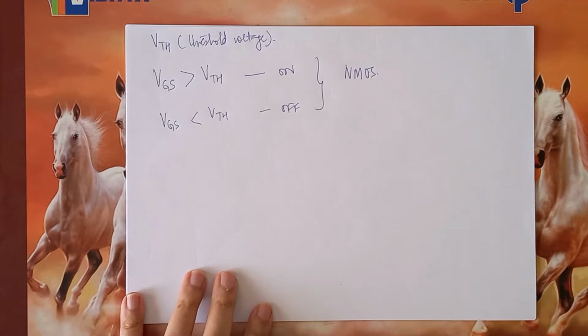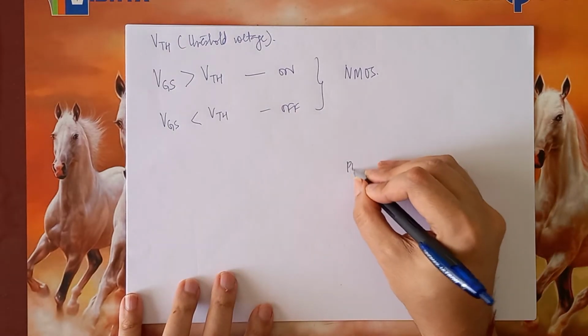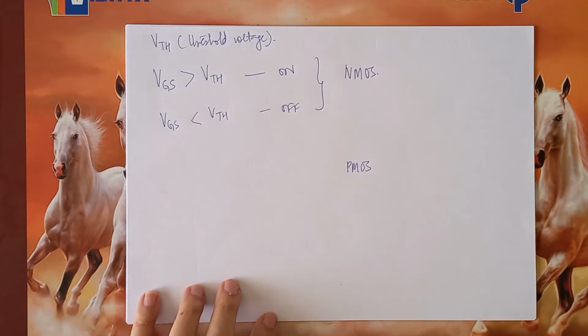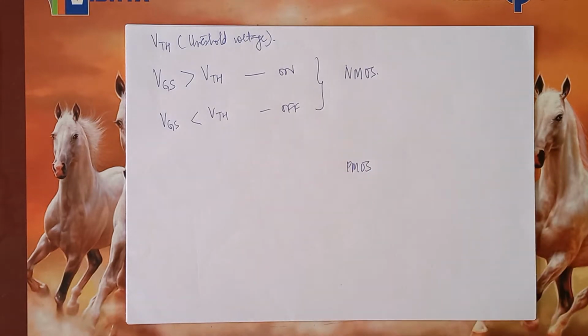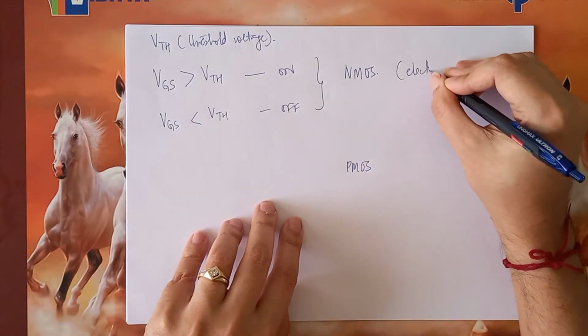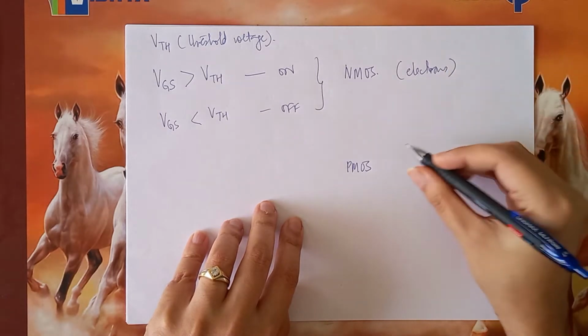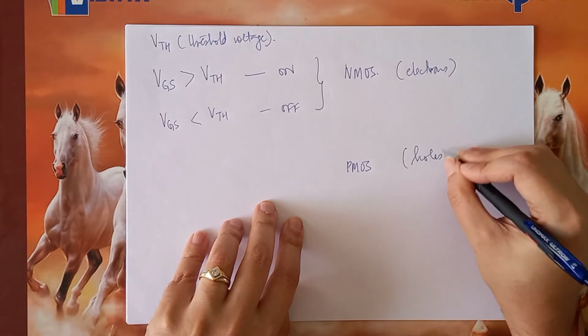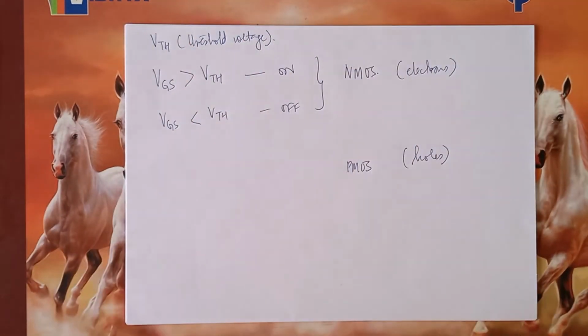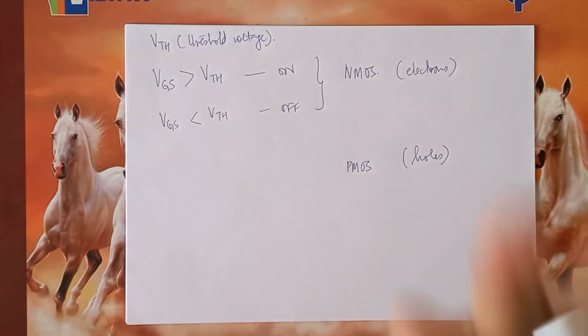For the PMOS, it is the opposite. The PMOS works in just the opposite way the NMOS does. The NMOS has electrons as majority carriers and the PMOS has holes as the majority carriers, and is built on an N-type substrate. So whatever is applicable in case of the NMOS, it's just the opposite which happens for the PMOS. But the principle remains pretty much the same.